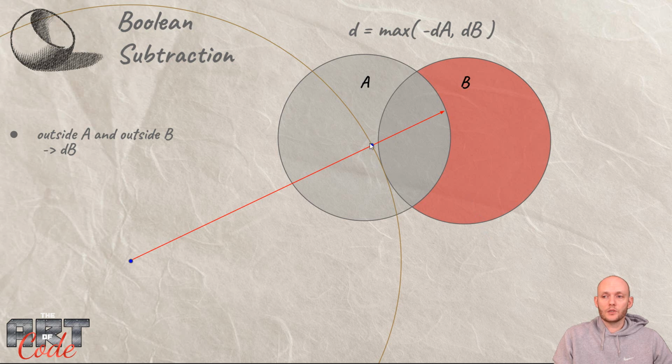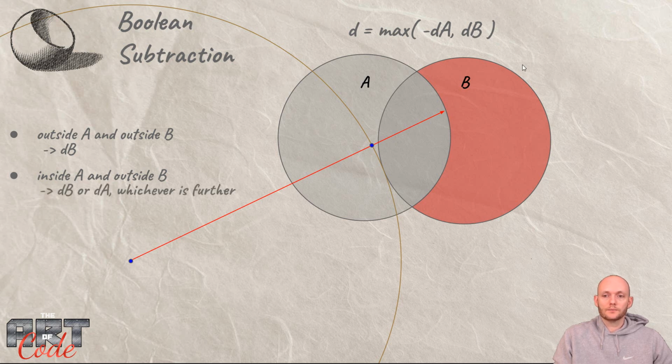Now we have a different situation because now we're inside A, but we're still outside of B. If we're inside A and outside of B, then the distance to A is negative because we're inside of the object, and we're still outside of B, so that is positive. So if dA is negative and we take the negative of that, then it will be positive. So we have a positive number and a positive number.